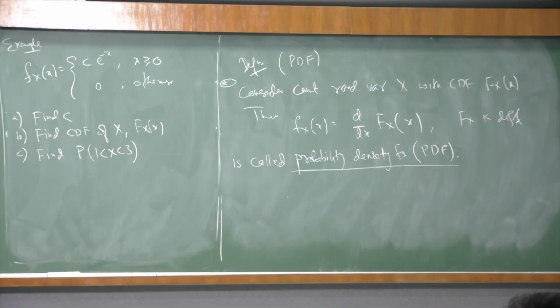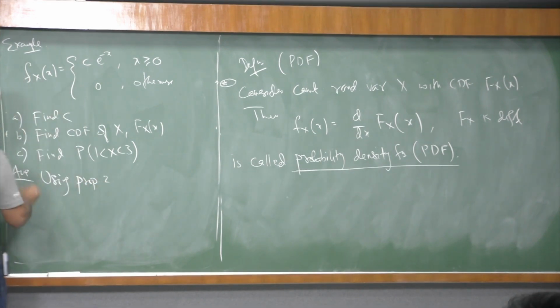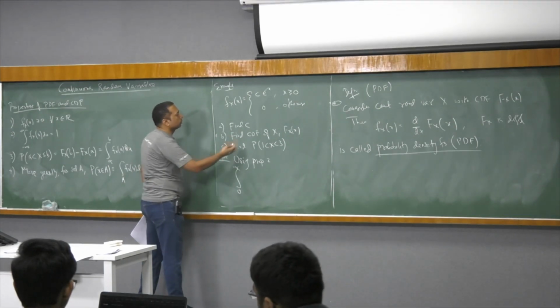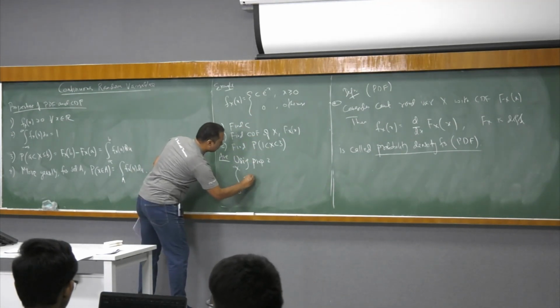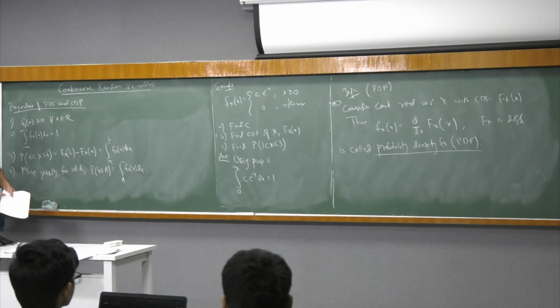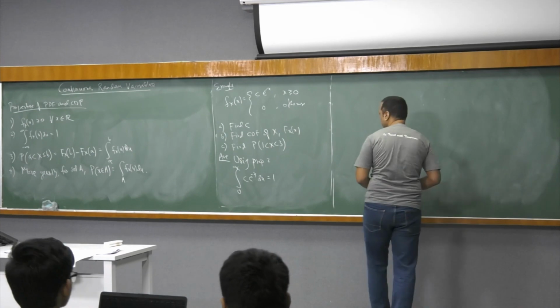The first one is easy. Using property 2, the integral of this is non-zero only for x greater than or equal to 0, so my limits will be 0 to infinity. I could start from minus infinity, but minus infinity to 0 is anyway 0, right? So the integral of c e to the minus x dx must be 1. Then it's about recalling your calculus. The integral of e to the minus x is minus e to the minus x.